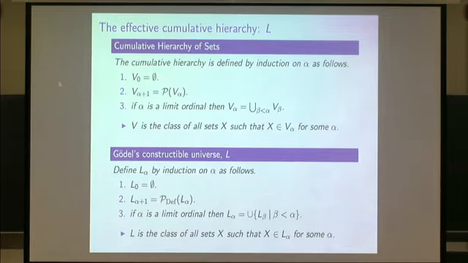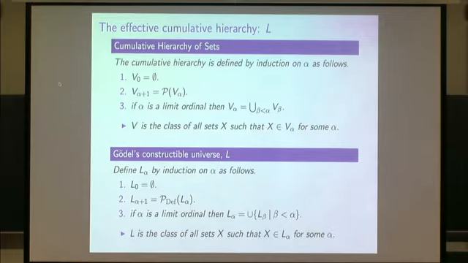And that's Gödel's constructible universe, which is denoted L. So it looks very similar. You start with nothing. At a successor step here, you take the definable power set, whereas at the successor step here, you take the full power set. Otherwise, you do exactly the same thing. You take unions at limits.